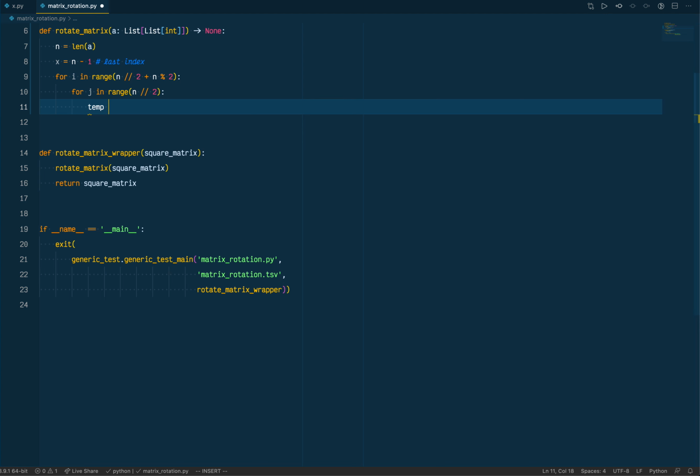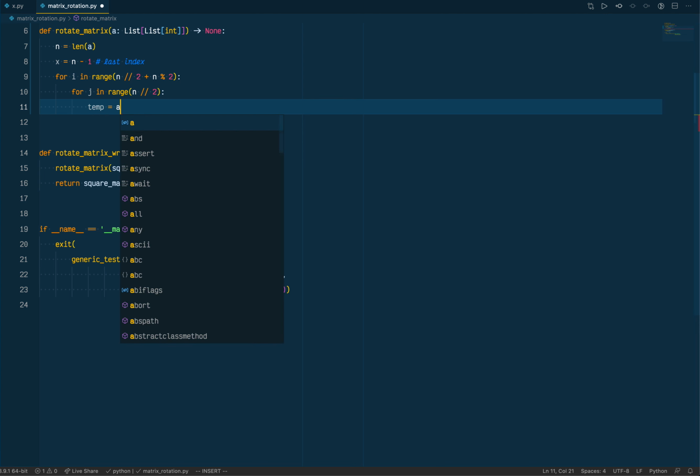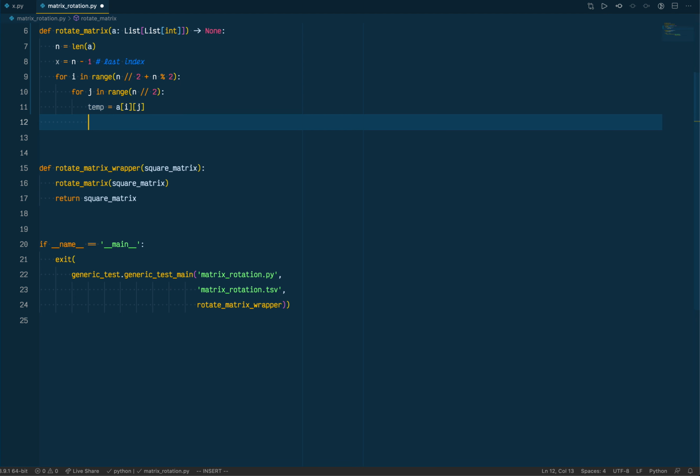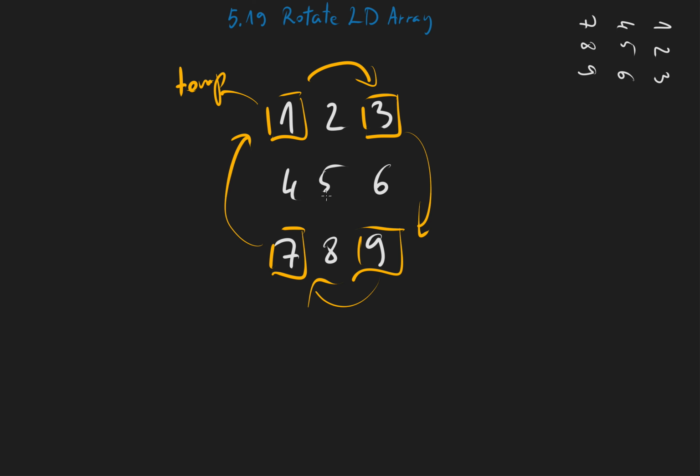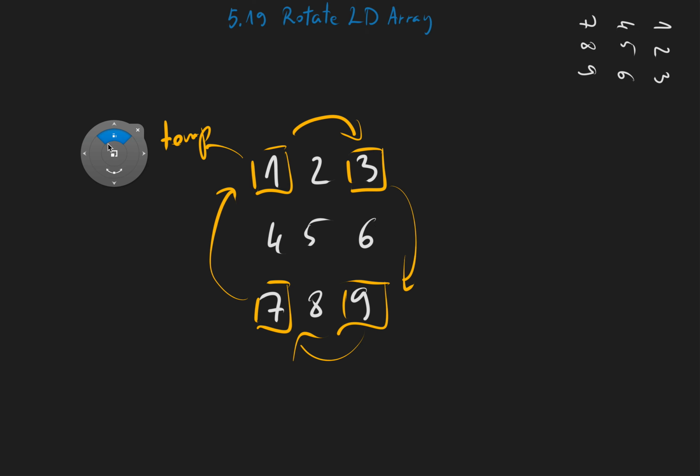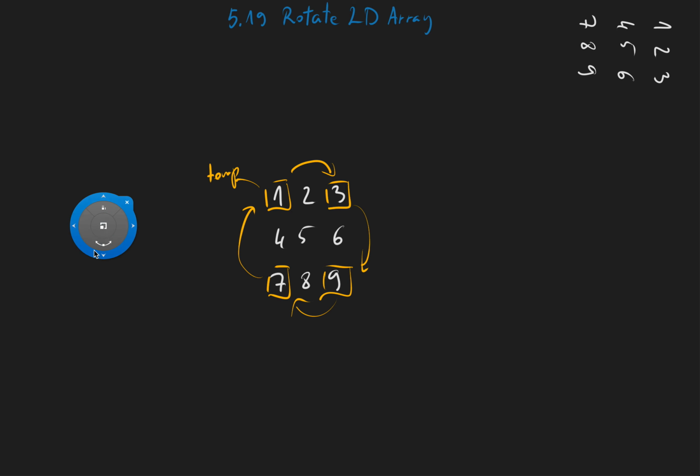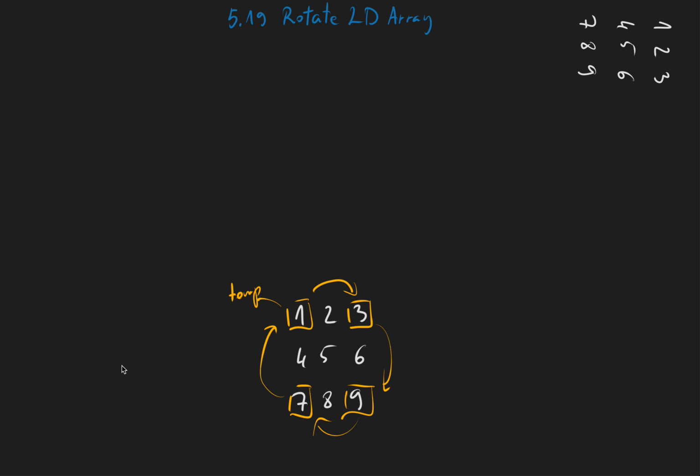So the first cell can be saved to a temporary variable. So let's do that, with i and j. Okay, so this is A[i][j], and we saved it to a temporary variable, which is good.